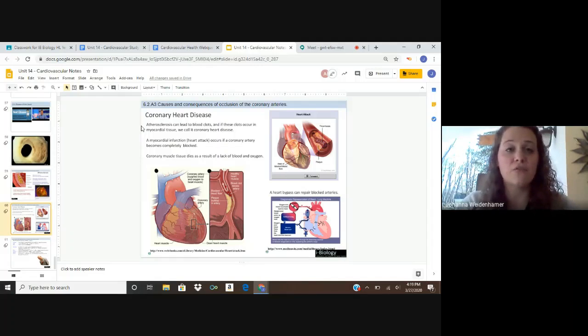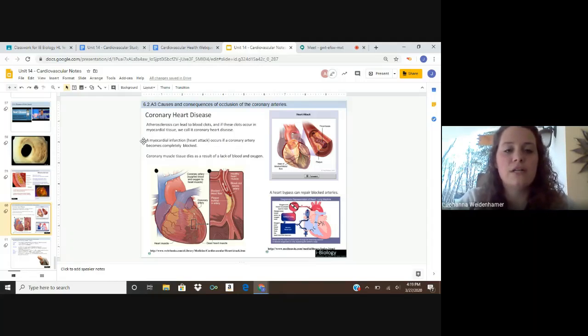So if atherosclerosis happens in a coronary artery, an artery that brings oxygenated blood to the heart muscle itself, that is going to lead to coronary heart disease. It's going to lead to our heart muscles not getting enough oxygen that it needs because blood is getting restricted in the artery. So let's take a look at our second bullet here.